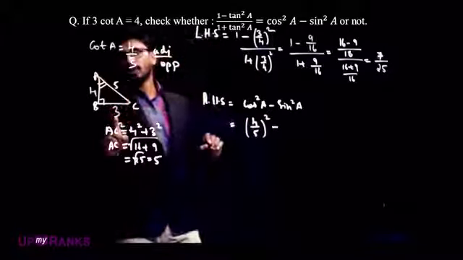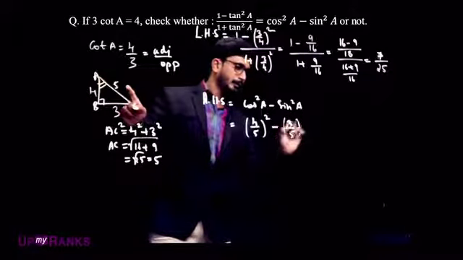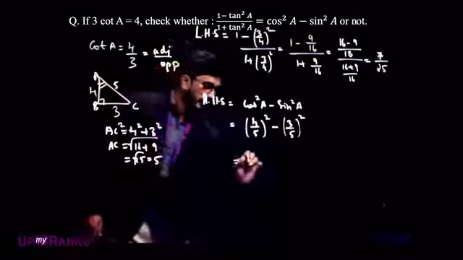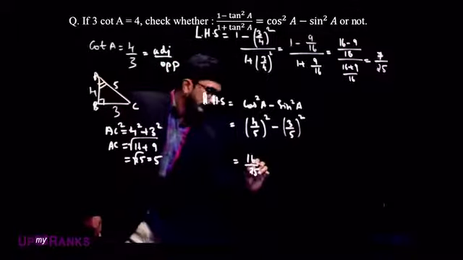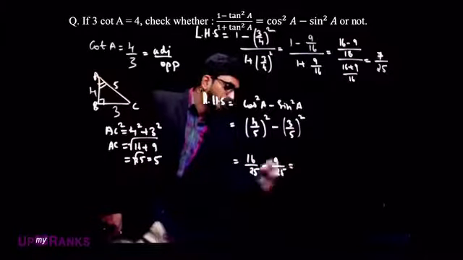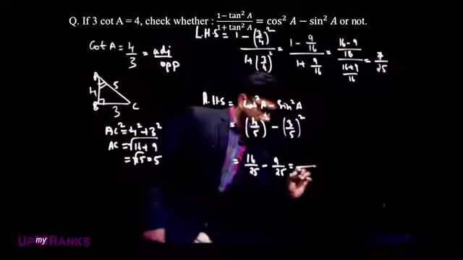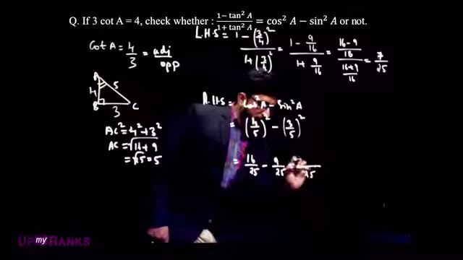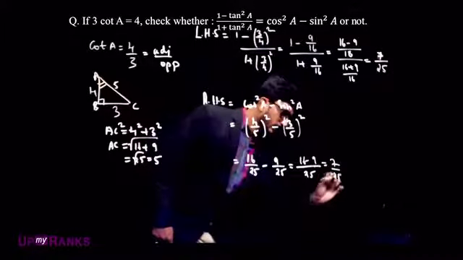Minus sin, which is opposite by hypotenuse, which is 3 by 5. So now, children, 4 square is 16 divided by 25, minus 3 square, which is 9, divided by 25. When denominators are the same, the numerators get subtracted. So 16 minus 9 is 7, so 7 by 25.